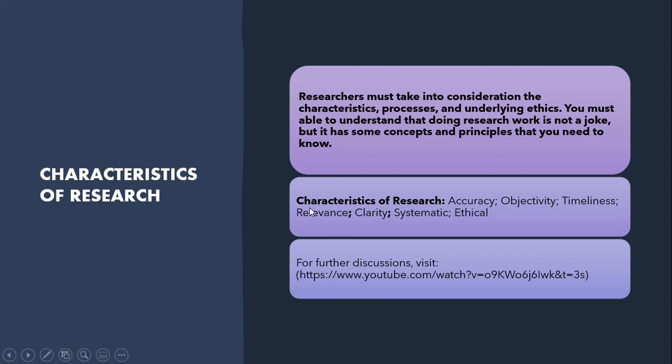Basically, the characteristics of research are accuracy, objectivity, timeliness, relevance, clarity, and being systematic and ethical. For further discussion, you can also visit youtube.com, this link, and it will give you the discussion of what the characteristics of research are.